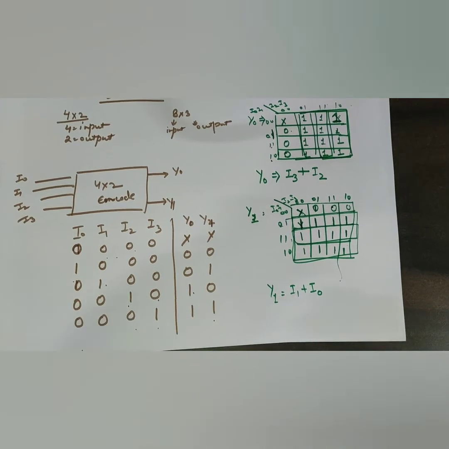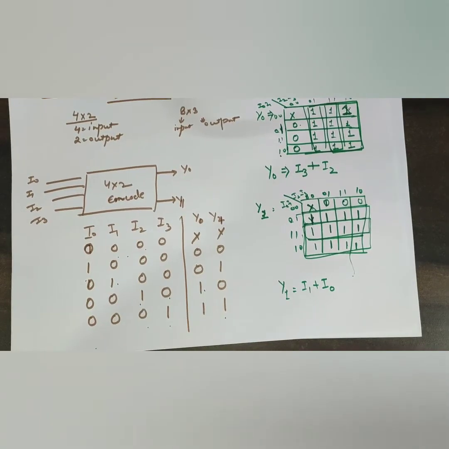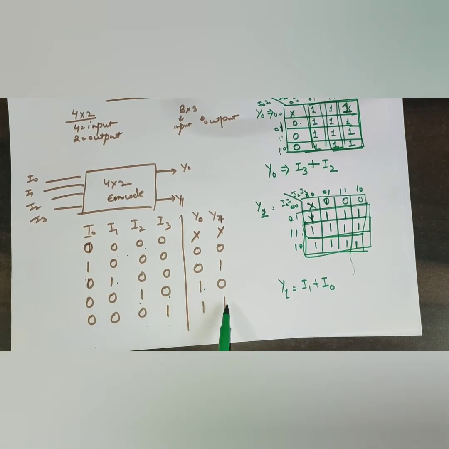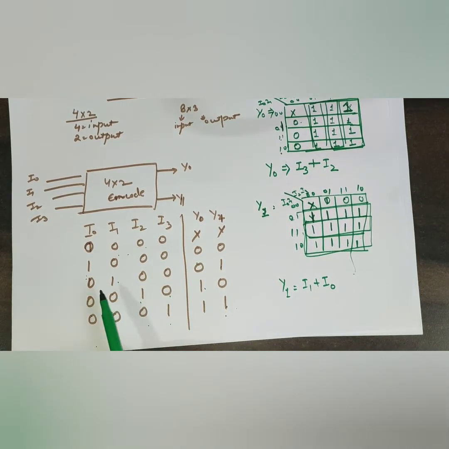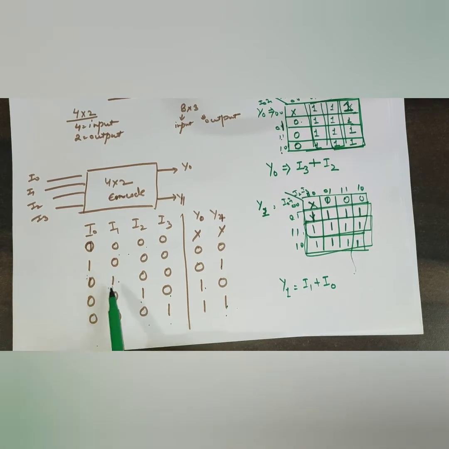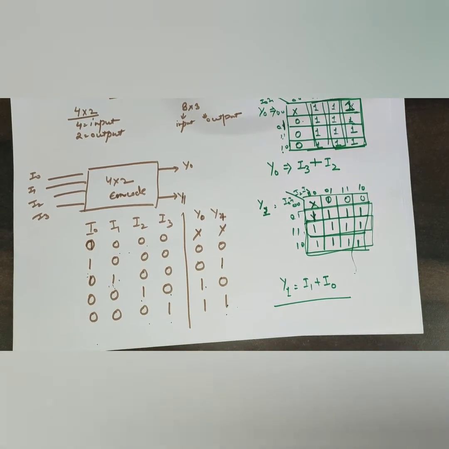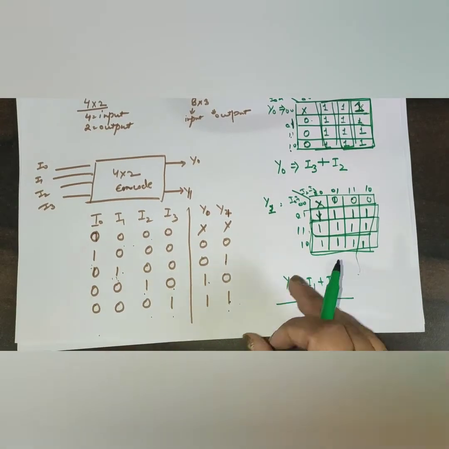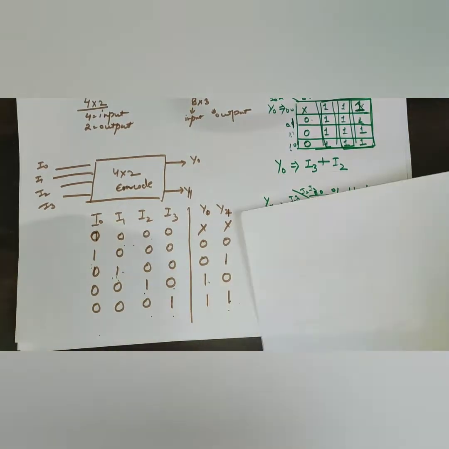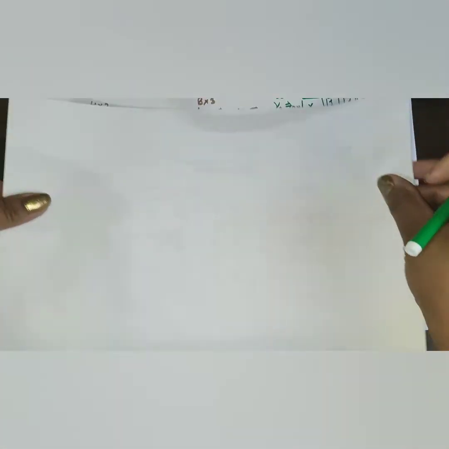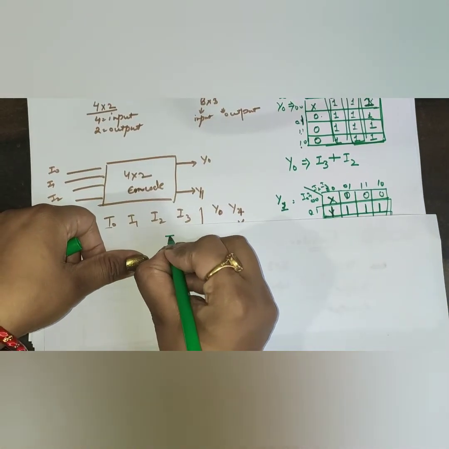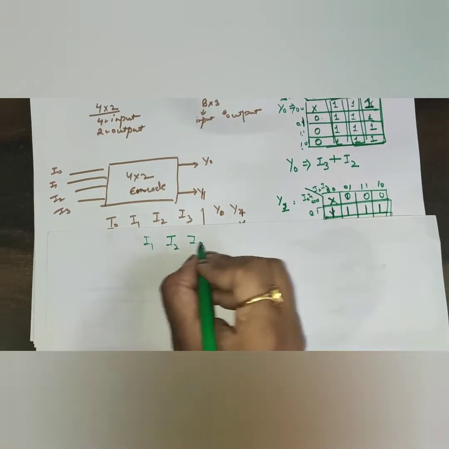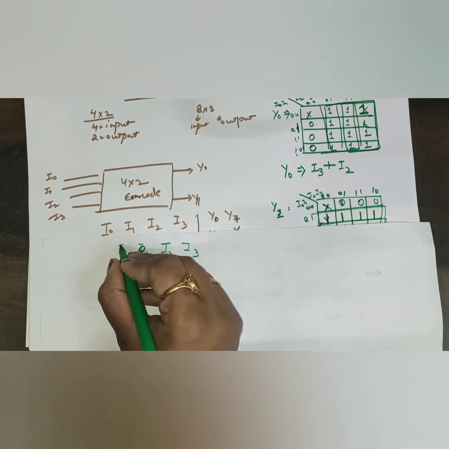So you can also check that Y1 is I1 and only Y1. Okay, I0 and Y0. So you can also make it like this. Now if you want to make a circuit, you can make a circuit like this. So I2, I3, I1 and I0.